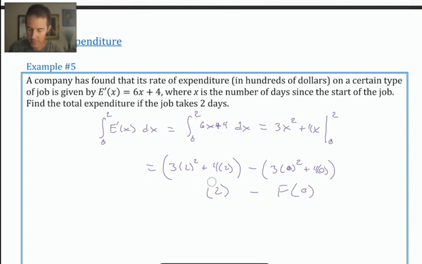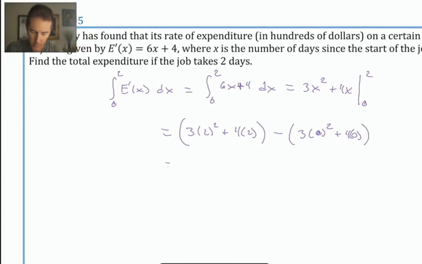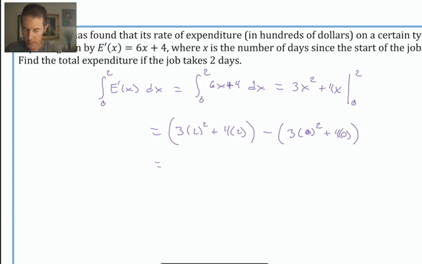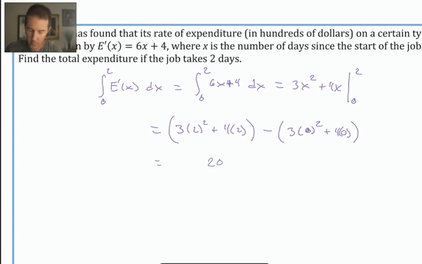If having these f's here is going to be confusing to you, get rid of them. You don't have to keep those. And then from there, it's arithmetic. We've got 2 squared is 4, 4 times 3 is 12, 12 plus 8 is 20, minus 0 is 20.